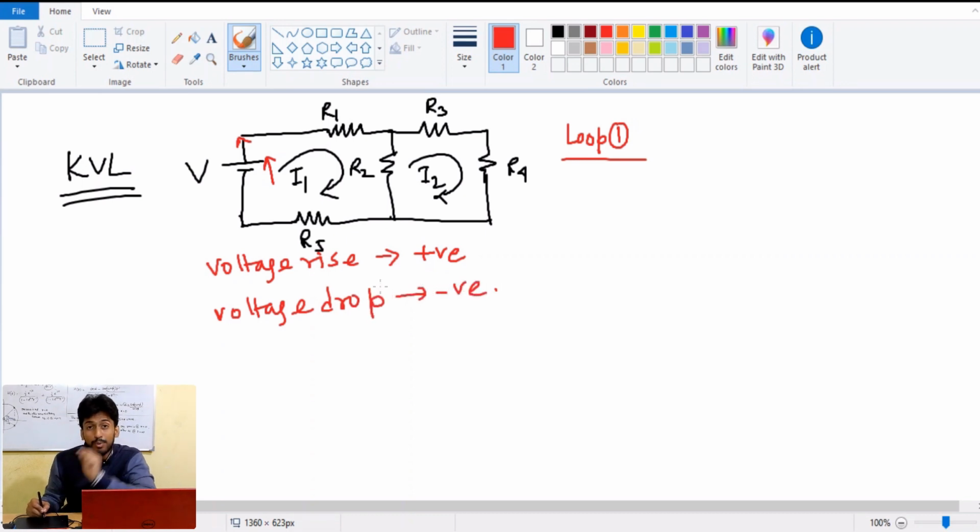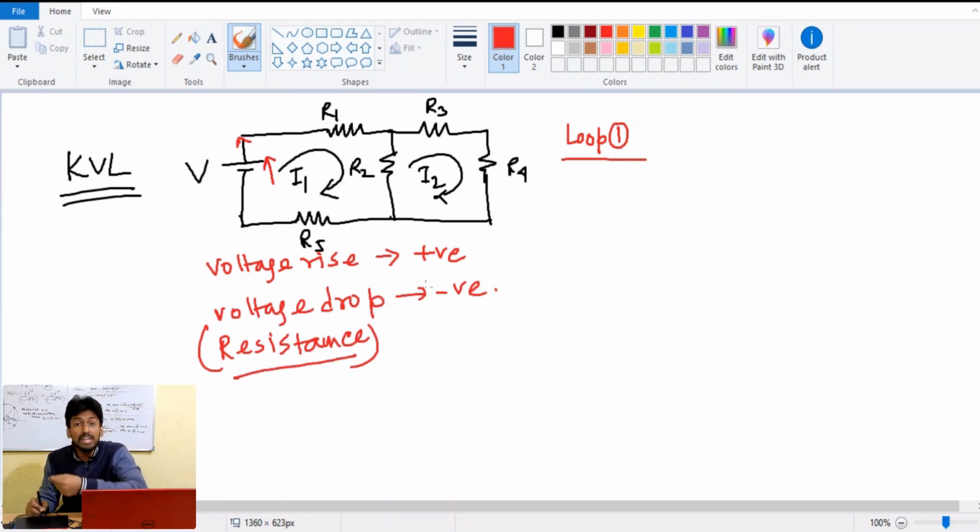Another very important point: if there is a resistance, there will always be a voltage drop. Then the negative sign is predetermined for the resistance itself.